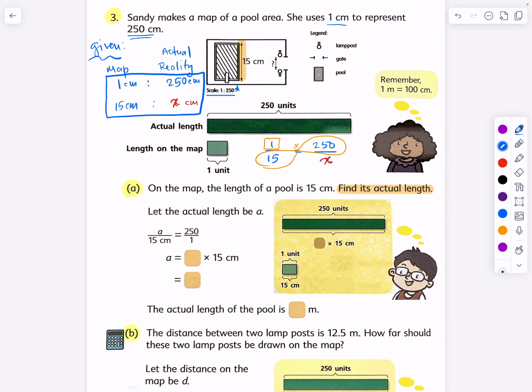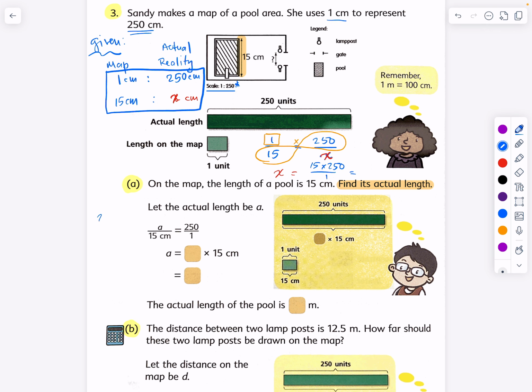We would say x equals 15 times 250 and divide by 1. And 15 times 250 is, we have to do the math. Miss Natasha has to do the math. 25 times 15.